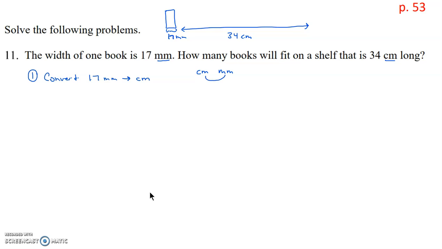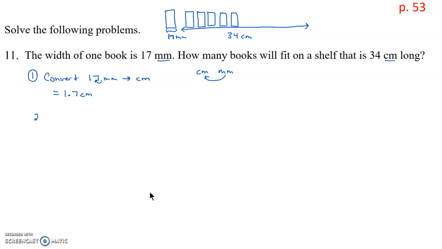So to go from millimeters to centimeters, we're going 1 decimal place back. So the answer here is 1.7 centimeters. So that means that every book on this shelf is 1.7 centimeters. How many of them are we going to be able to fit in a total distance of 34 centimeters?